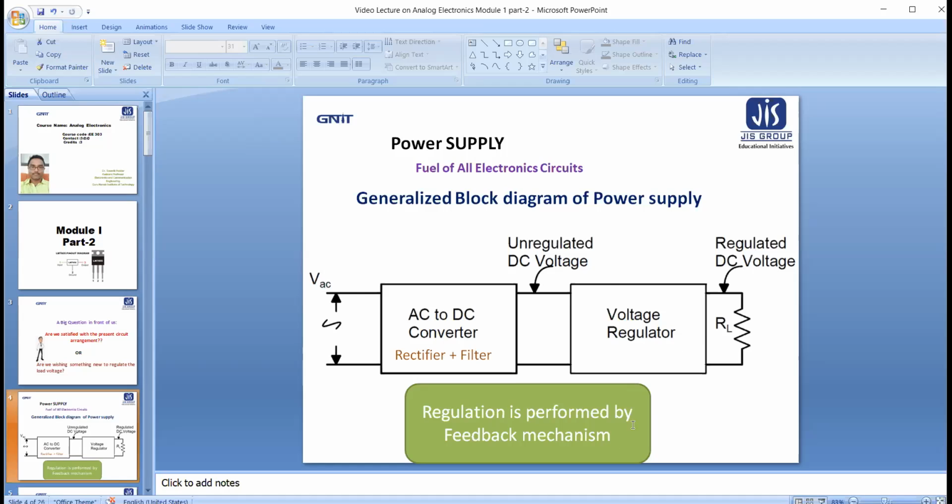Now the question is how can we control the regulation? The regulation is performed by a feedback mechanism. That means in the voltage regulator there should be some feedback circuit which controls the stability of the DC voltage.